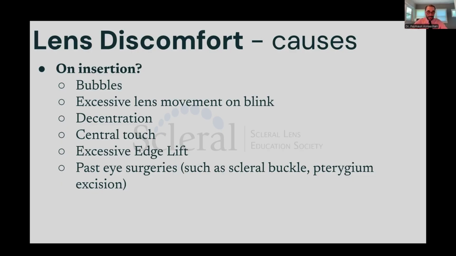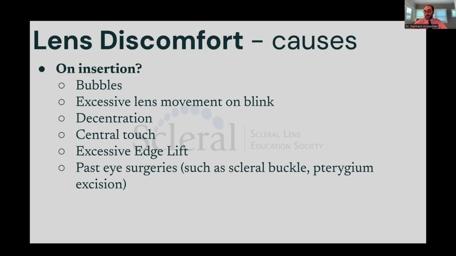Also, past eye surgeries, specifically scleral buckles and pterygium removals. I've had a few patients that we fitted who had scleral buckle procedures done, and we know that the buckle procedure is going to alter the shape of the sclera. I've had patients where the vision is great, but the lens is not fitting well, because the scleral shape has changed from the surgery.